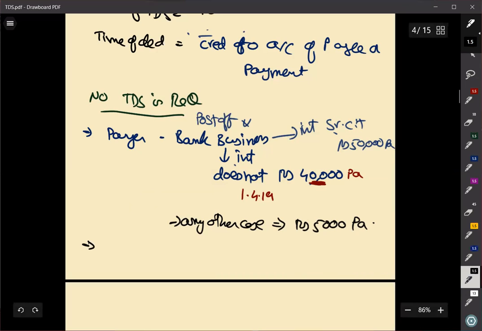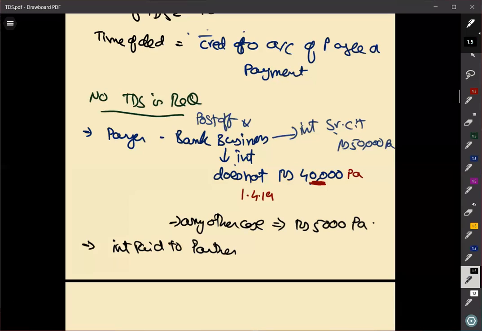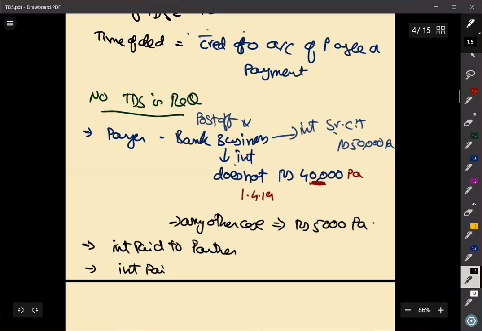Apart from this, interest paid to a partner. A partnership firm is making payment of interest to the partner. Even on this, there is no need to deduct any sort of TDS. Then interest paid to the government, whether it is the central government, the state government or a local authority.